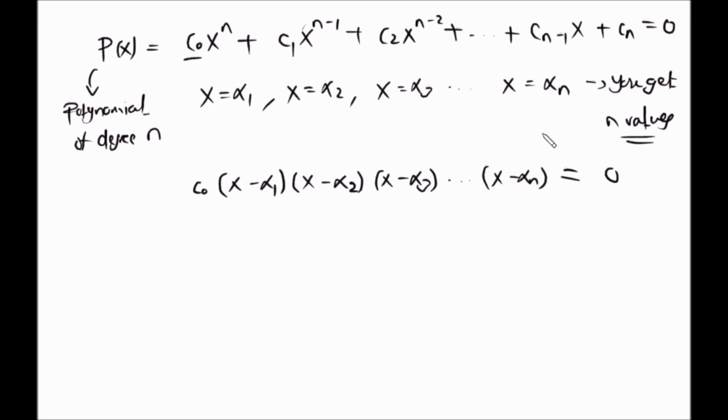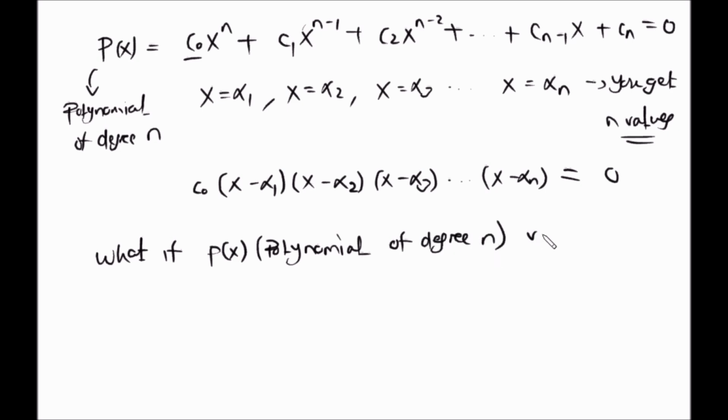Now, what if ikatokea sasa umesolve polynomial of degree n alafu ukapata more than n values of x? Let me say, what if the polynomial px, okay, hii hapa ambayo ni polynomial of degree n, niandike mabano, polynomial of degree n, what if it vanishes?